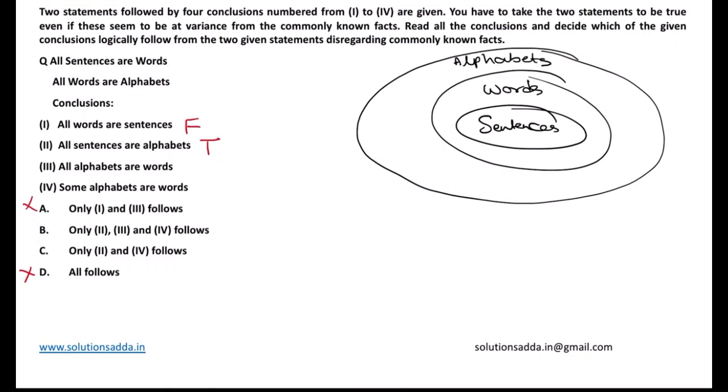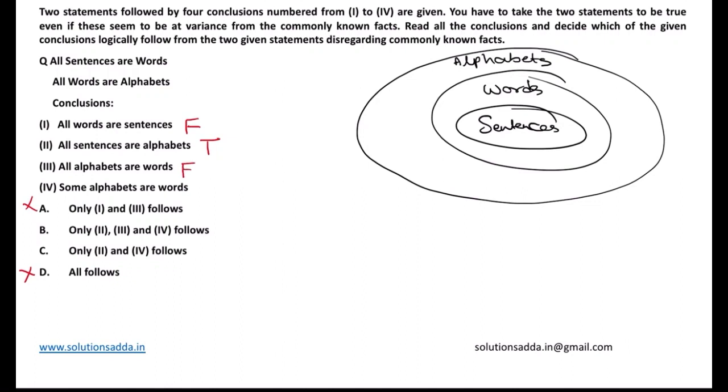All alphabets are words. Similarly, from the first option we see that since all sentences are words but not all words are sentences, all alphabets are words is the false option.